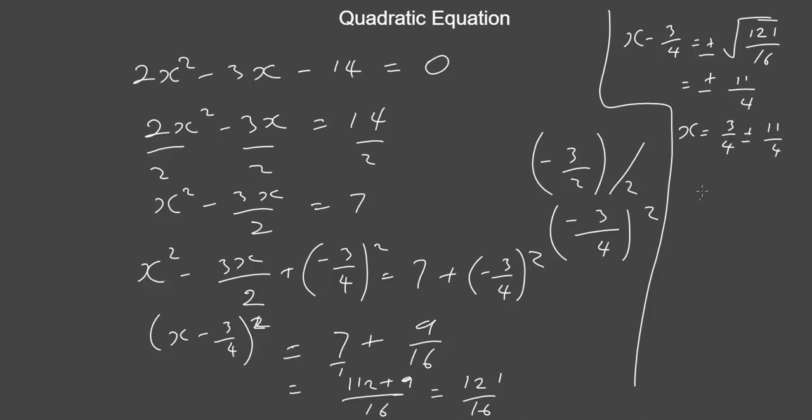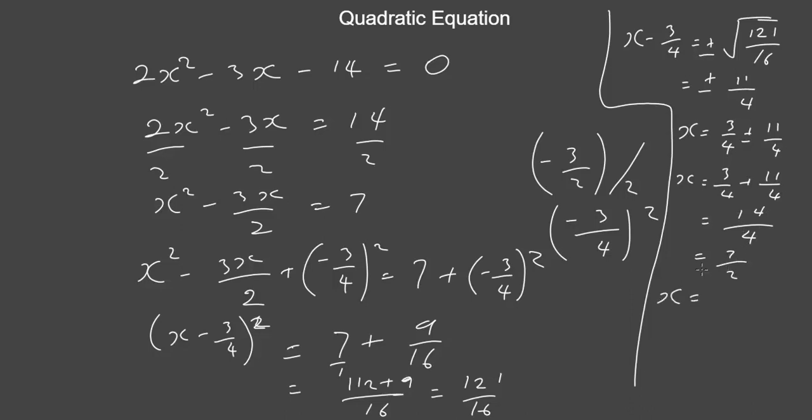So you just take the plus and minus separately. So you just say 3 over 4 plus 11 over 4, and since they have the same denominator, you can add this up. But basically, this is what it is. That will give you 14 over 4, and that will give you 7 over 2.